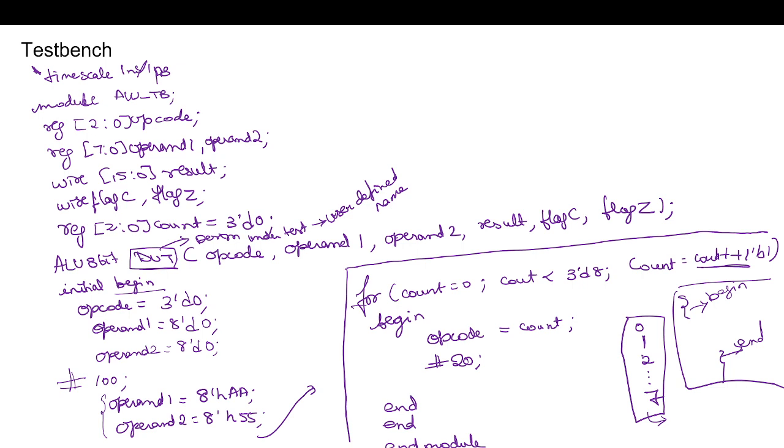So this loop will be executed 8 times, from 0 to 7. Opcode values will range from 0 to 7. Any other doubts?